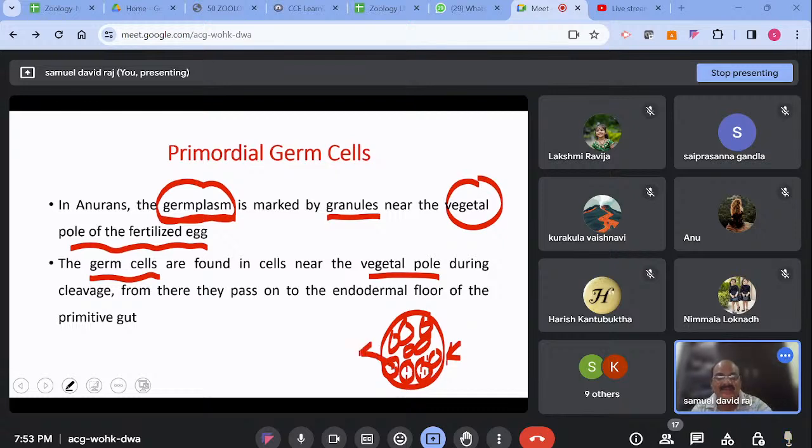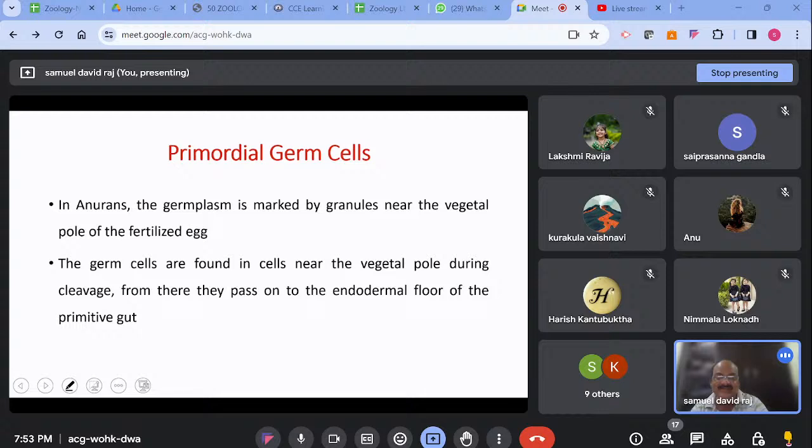From there, they pass on to the endodermal floor of the primitive gut. When we were discussing yesterday the process of gastrulation, the blastula forms a two-layered gastrula. This two-layered gastrula has an outer ectoderm and inner endoderm. This is called the archenteron, and this portion is called the roof of the archenteron.